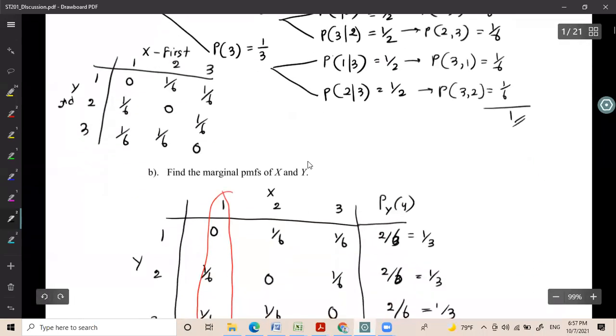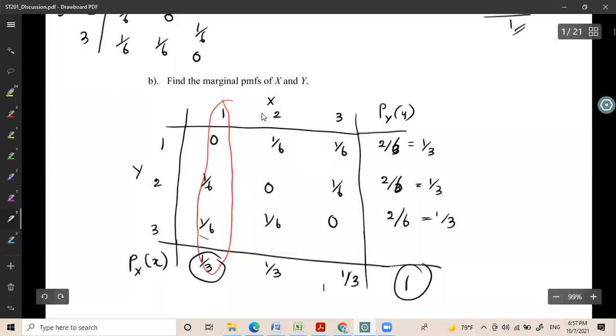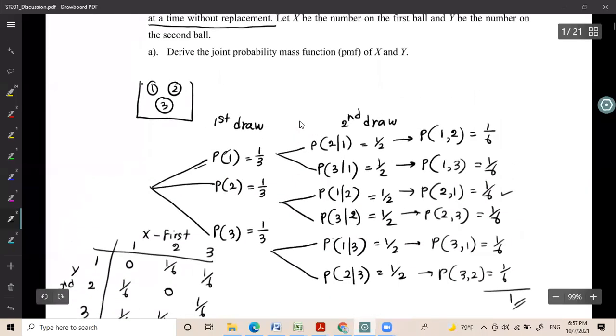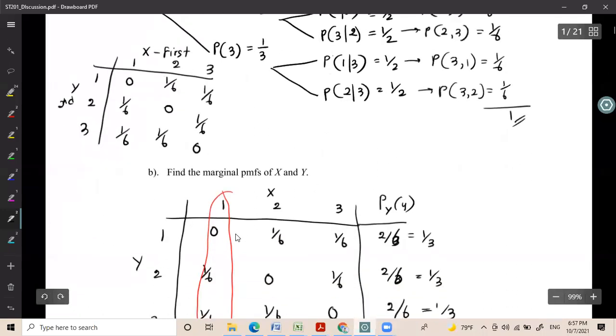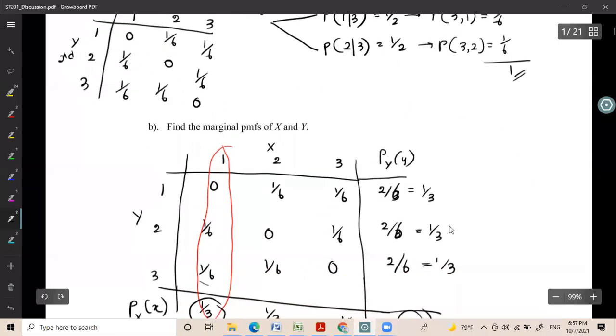If you end up with some mistakes in part A, which is deriving the joint PMF, you will lose marks for those errors. But when you find the marginals, you are doing it based on your answer. So after that, I only look at the method. So if you have shown that you know how to find the marginal densities, you will receive partial credit.